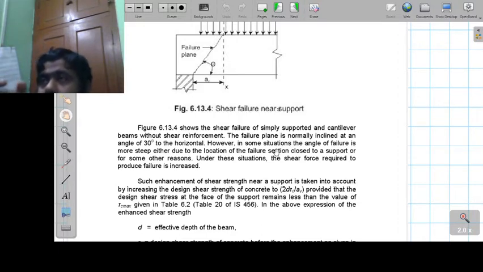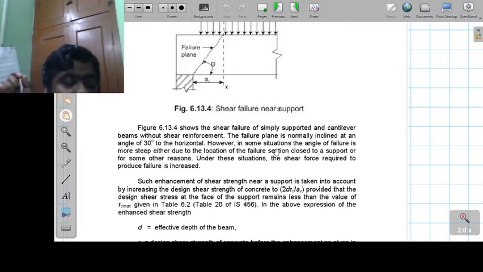Since it is the introduction to shear, we will only talk about the simplified form of how to provide it. The code book says that for beams carrying uniform loads, or where the principal load is located farther than 2d from the face of the support, the shear stress may be calculated at a section at a distance d from the face of the support. So the shear stress will be calculated only at a distance of d from the face of the support. Okay.